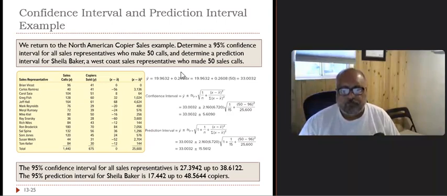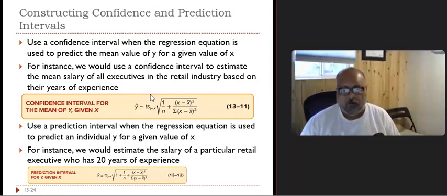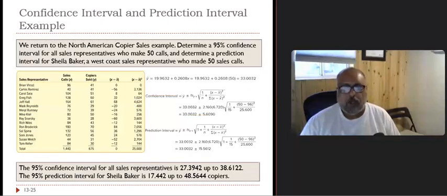The scenario here is to determine a 95% confidence interval for all sales representatives who make 50 calls and determine a prediction interval for Sheila Baker. As you can see, this is a scenario that we just talked about before. So we can use these values. We can do it manually using the formula, but again, you can use Microsoft Excel also for that.